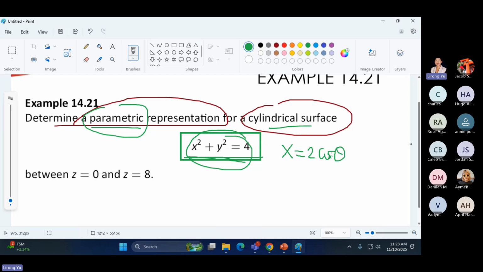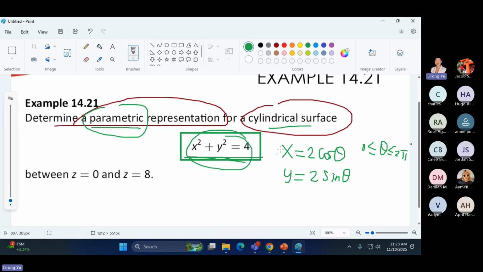That's easily the representation for the x value. And y is equal to 2 times sine theta, where theta will be bounded between 0 and 2 pi. It's a full circle. Okay, so that already represents any point on a cylindrical surface.